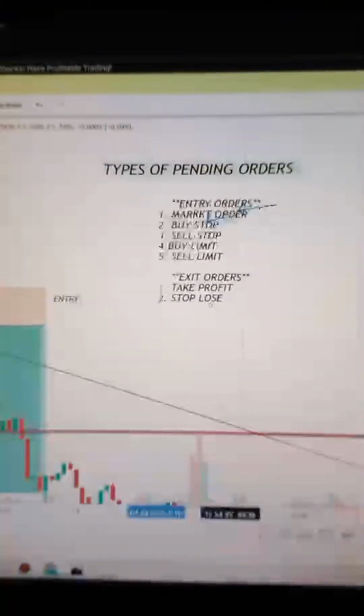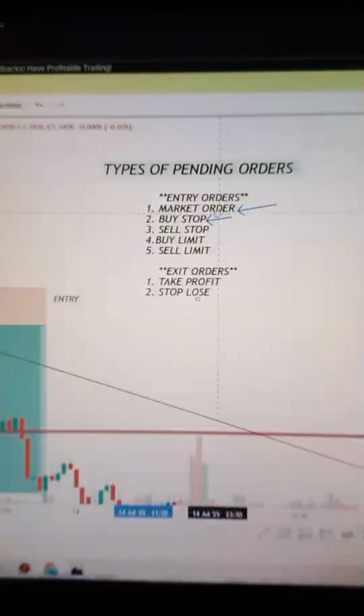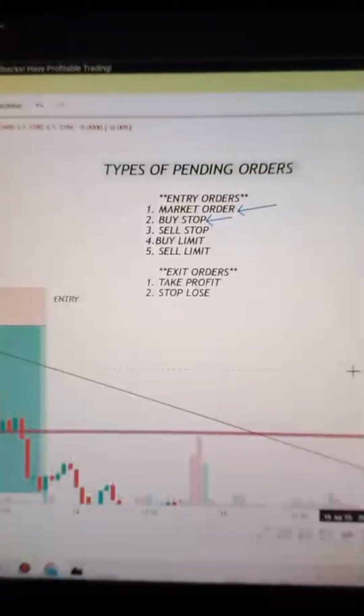Now let's look at what the buy stop order is. A buy stop order is a buy order you want to take at a later price, not at the current price, but a later price that is above the current market price.